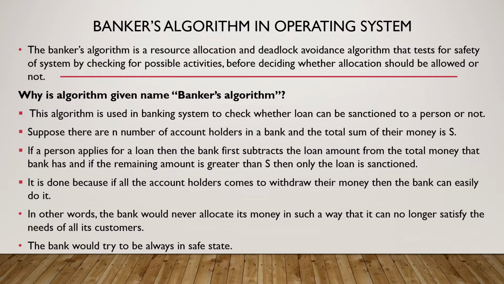So in this state, even if all the account holders withdraw their money, it can easily be given to them by the bank. So the bank will never be in a deadlock state, that is, it will always be in a safe state.